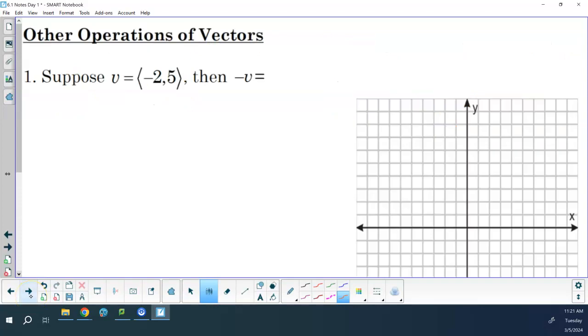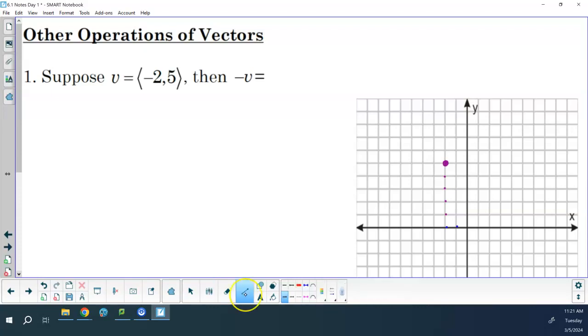So let's do some other operations of vectors. So first off, let's graph vector v. Okay? So vector v is the vector -2, 5. So that gives me a horizontal component of -2, which would be 2 to the left. That gives me a vertical component of 5. 1, 2, 3, 4, and 5 puts me right there.